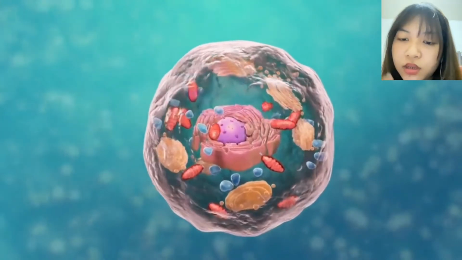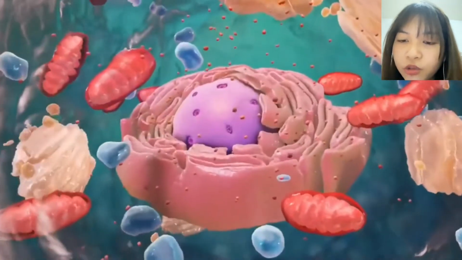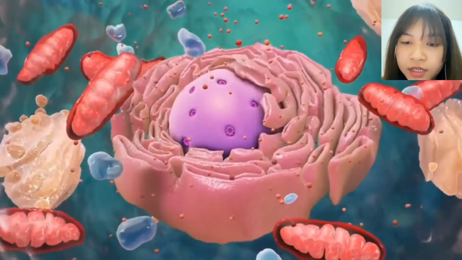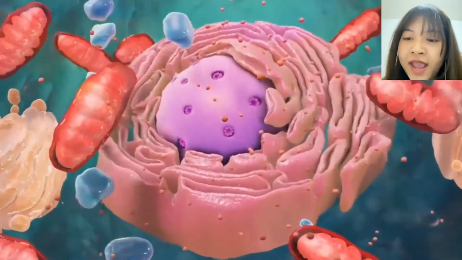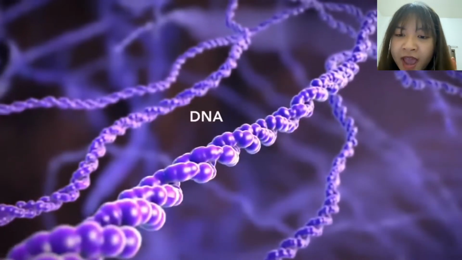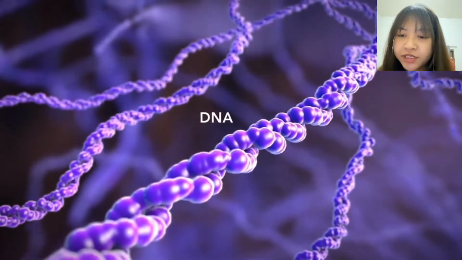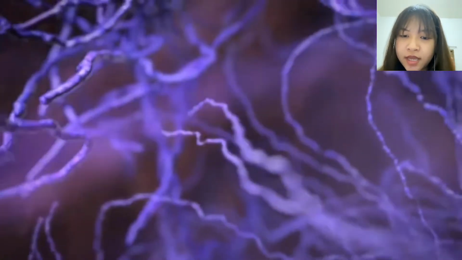Let's start with the nucleus, the control center of the cell. The nucleus contains DNA, or genetic material. DNA dictates what the cell is going to do and how it's going to do it.